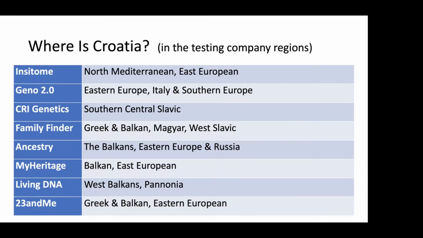I mentioned earlier that each testing company has different regional groupings with inconsistent names. Here are the regions that could reflect Croatian ancestry for each of the 8 companies. Just skimming the list will show you that they vary considerably in name and geography. I'll give you a moment to do that.